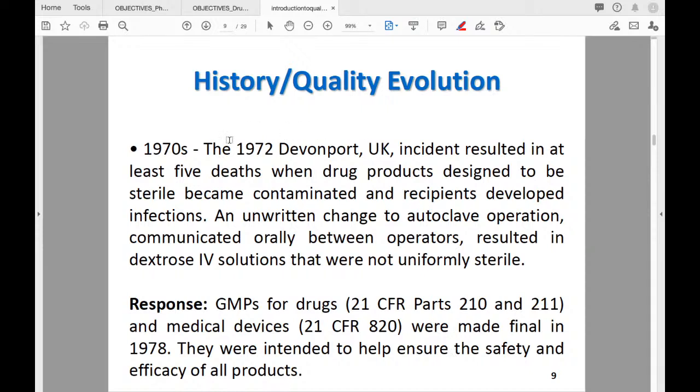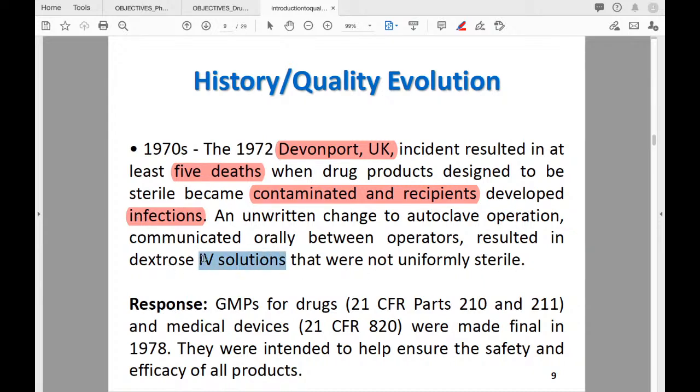Then in the 1970s, in 1972, an incident in Devonport, United Kingdom, resulted in at least 5 deaths when a drug product designed to be sterile became contaminated and recipients developed infections. An unwritten change to autoclave operation, communicated orally between operators, resulted in dextrose solutions that were not uniformly sterile.